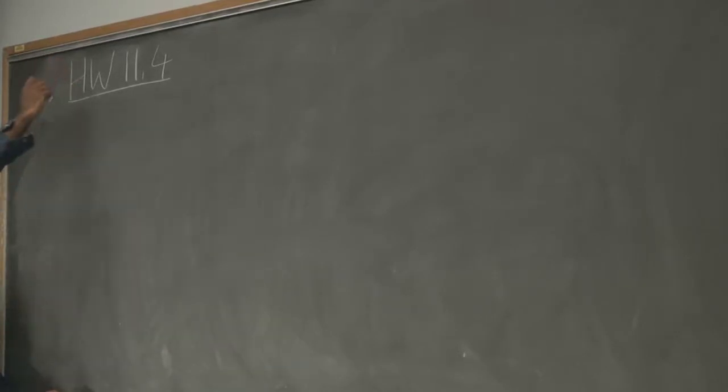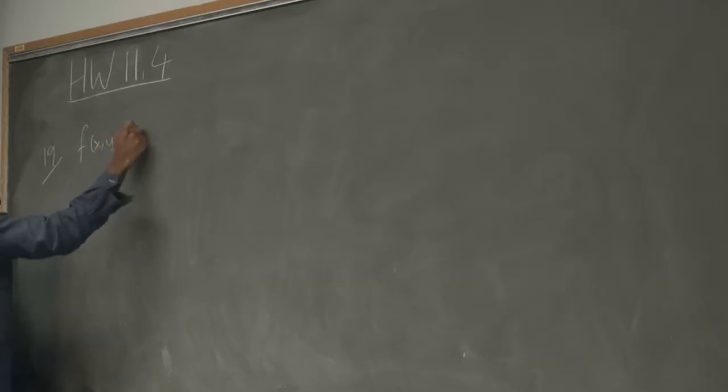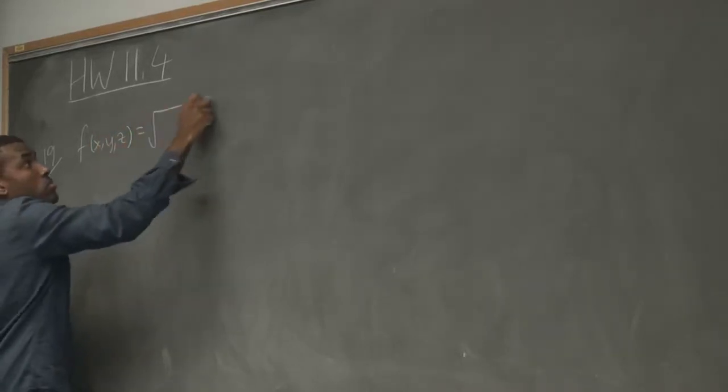Yes, Kelsey? I had a lot of questions with the linear approximation stuff. I kept getting strange answers for 19. Okay, what did 19 say? It had f of x, y, z equals the square root of x squared plus y squared plus z squared.